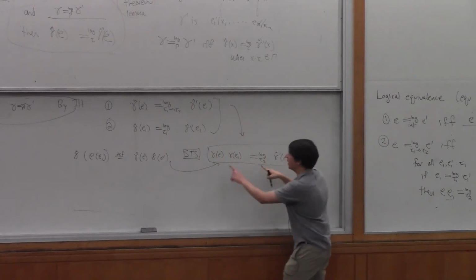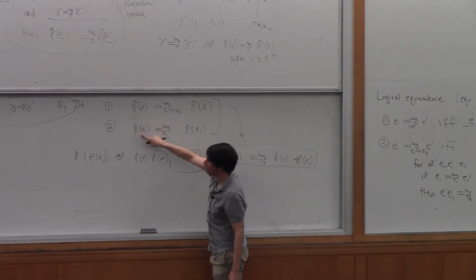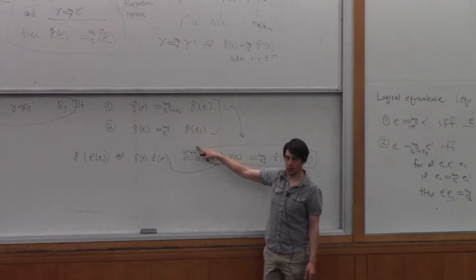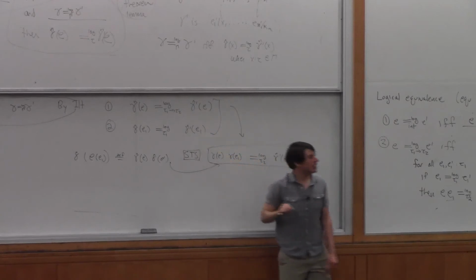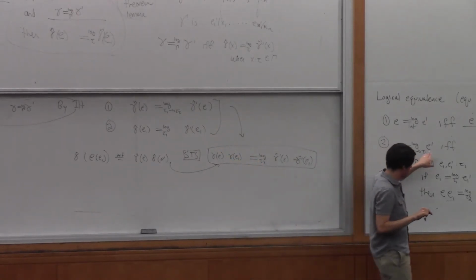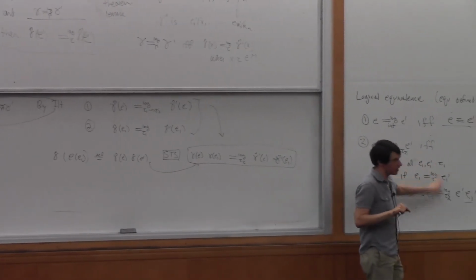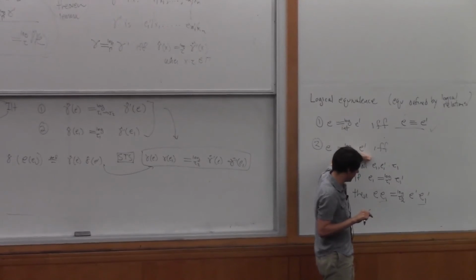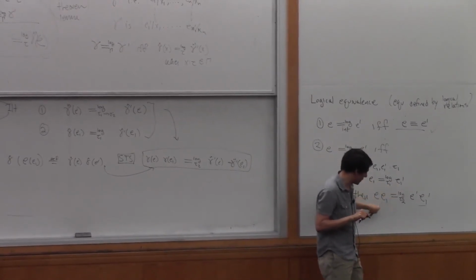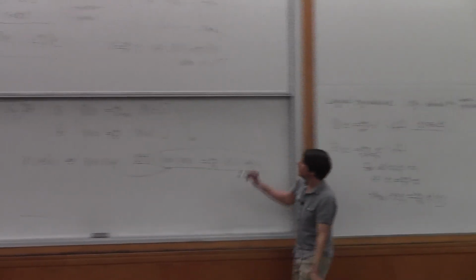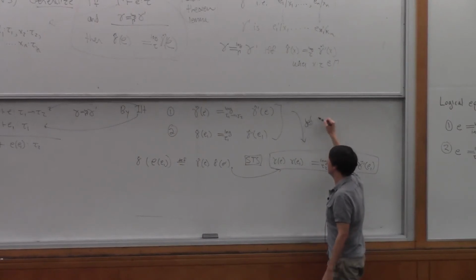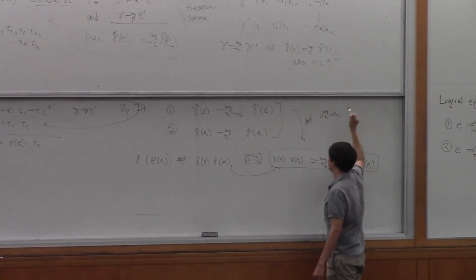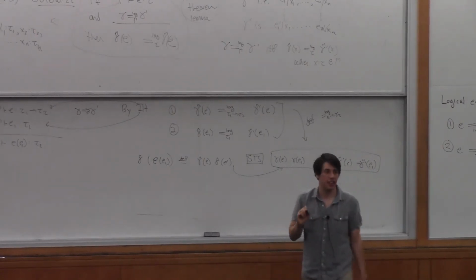We want that this function applied to this argument is equal to this function applied to this argument. The definition of logical equivalence for function types is that two functions are equal if and only if, when applied to equal arguments, you get equal results. So this is exactly the definition of being logically equivalent in arrow.